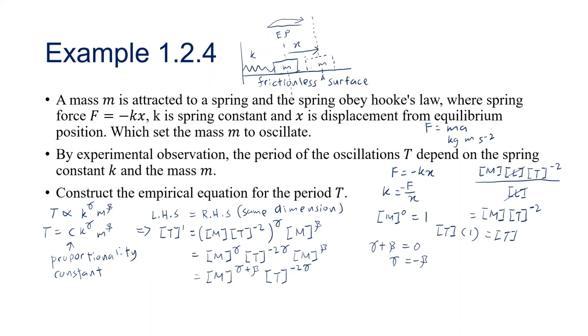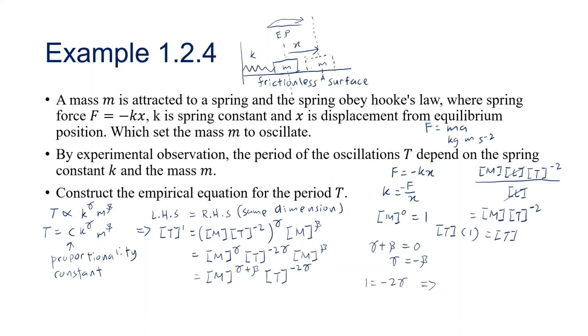This is just simple mathematics: you subtract beta from both sides, and you get alpha equals negative beta. Now you can see these two sides must have the same dimension of T, and here the power is 1, so 1 equals negative 2 alpha.